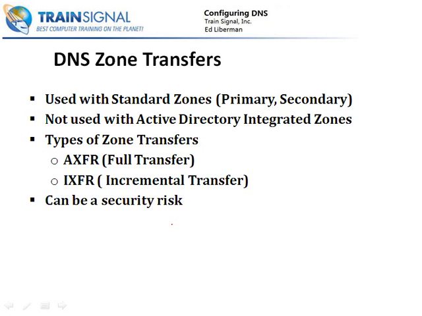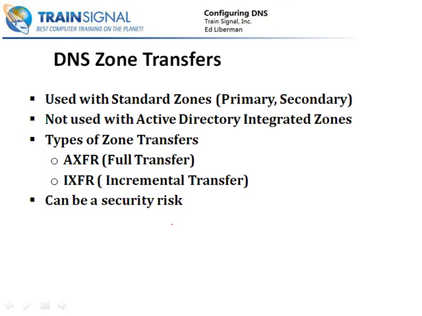Now, DNS zone transfers very much so can be a security risk. There are a number of issues surrounding zone transfers, which means that's a whole different reason for possibly using Active Directory integrated zones. It's because of the security aspect itself, where a hacker out there might be able to create a DNS server and then go ahead and tell your primary DNS server, hey, I'm a secondary server, why don't you go ahead and throw that database at me?